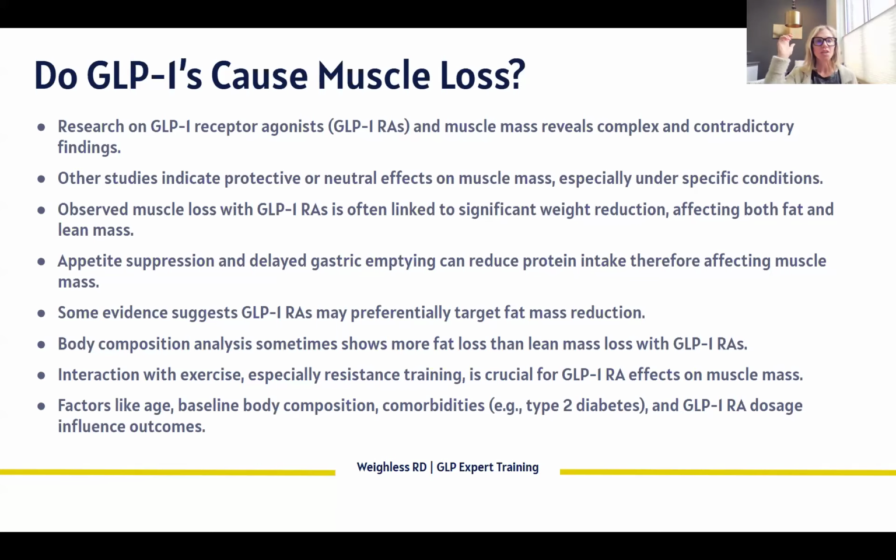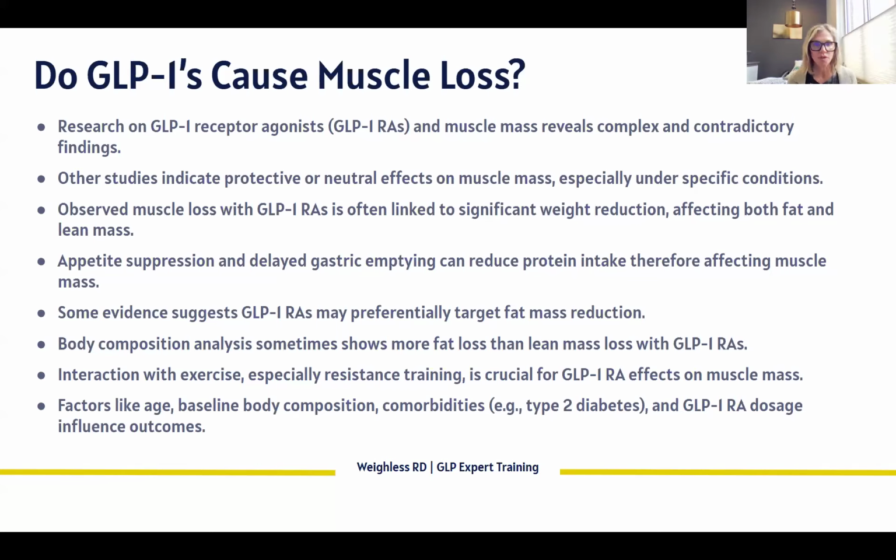Okay. So research on GLP receptor agonists and muscle mass reveals complex and contradictory findings. Some studies indicate that they are protective or offer neutral effects on muscle mass, especially under specific conditions.